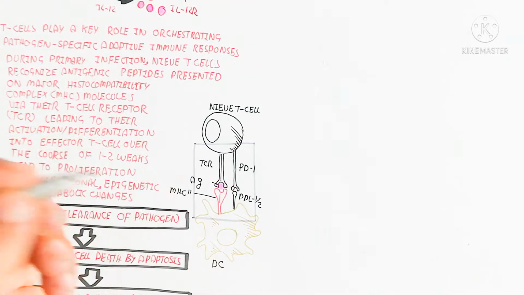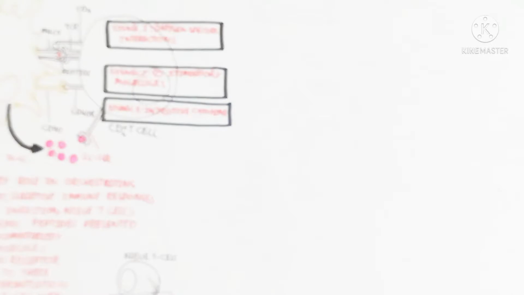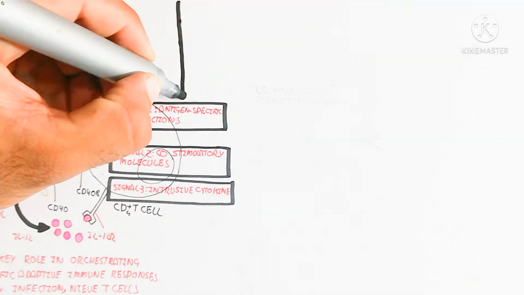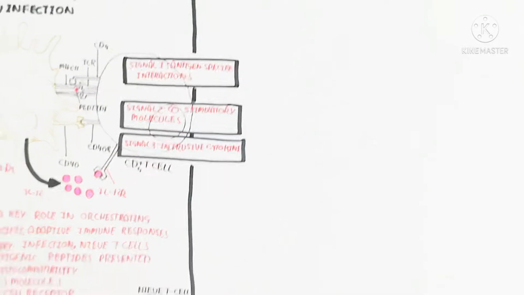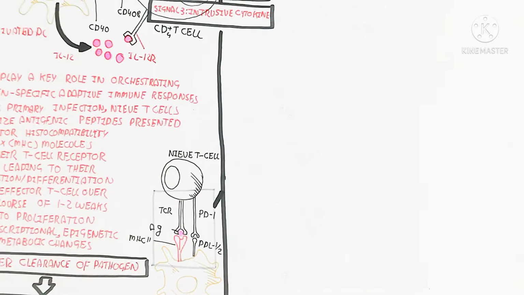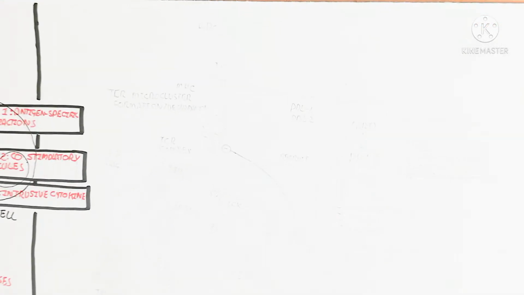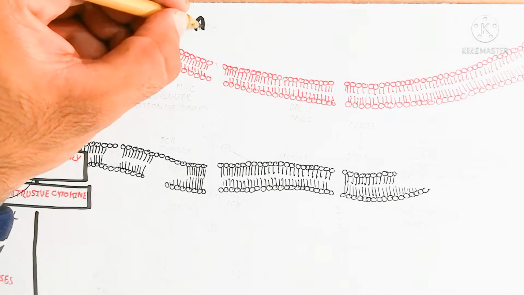So let's begin to understand what PD-1 is, and first of all we will understand the antigen presenting cell interaction with the naive T cell. Here you can see the synapse, and here the antigen presenting cell which presents the antigen. What is the antigen?